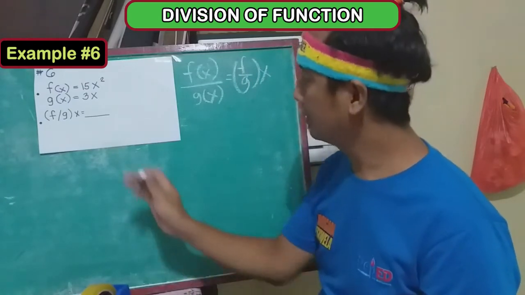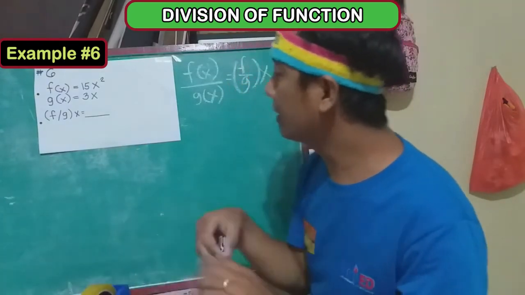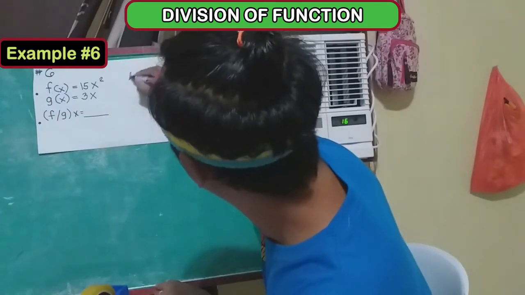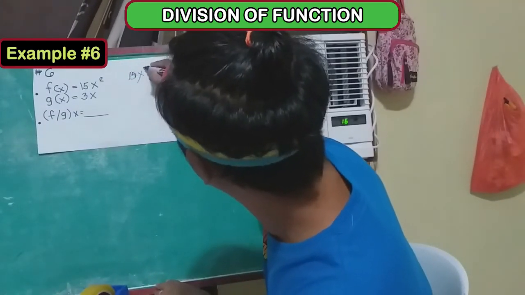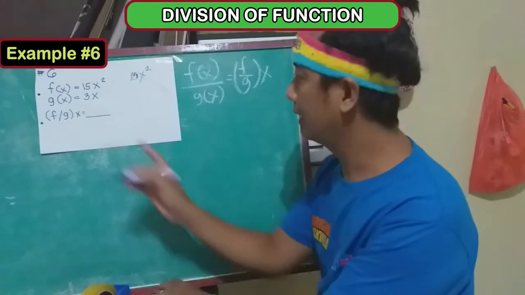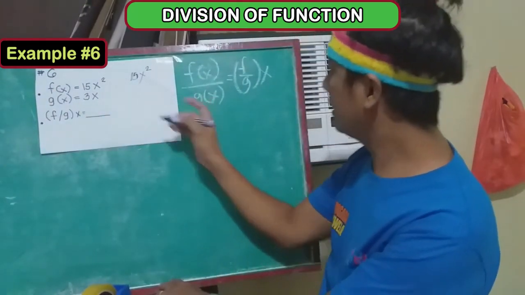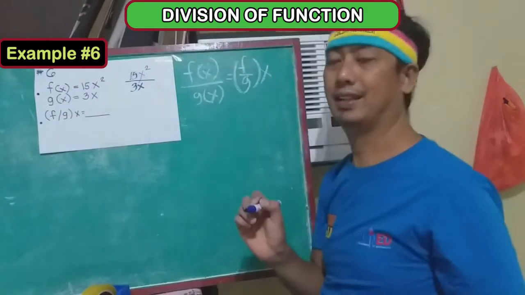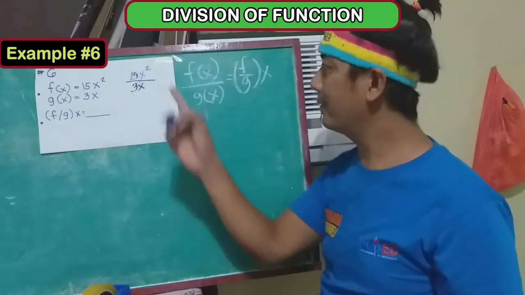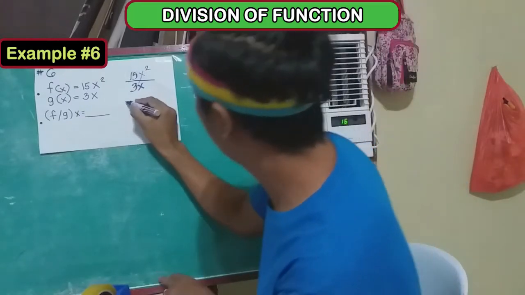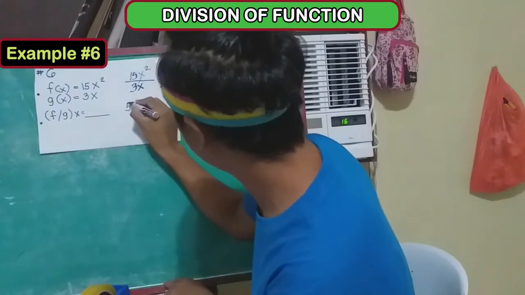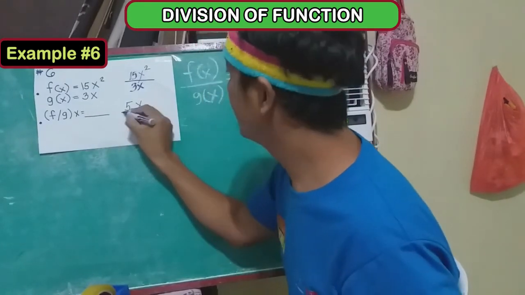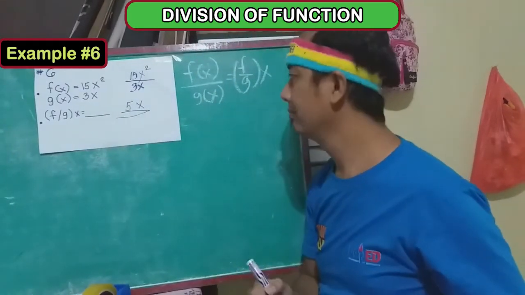Ganyan siya. So, ano ngayon yung function of f? Ang function of f is 15x squared. Function of g, 3x. Basic. I-divide natin dyan. 15 divided by 3, 5. X squared divided by x, x na lang. Yan na yung sagot. Basic.